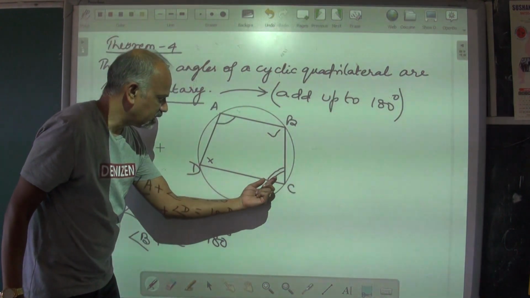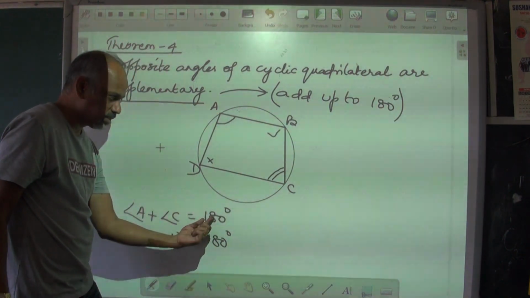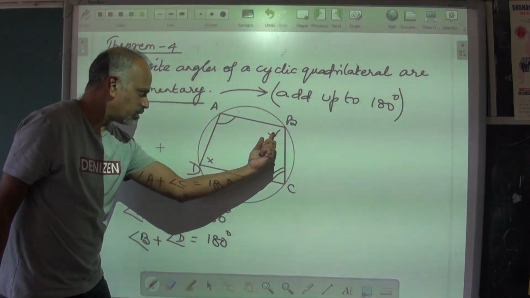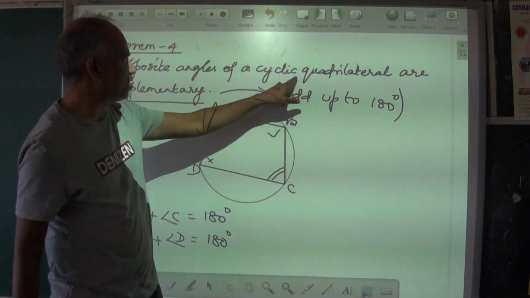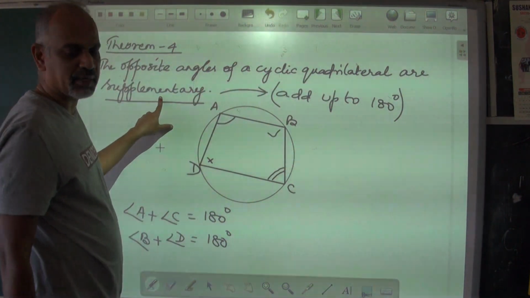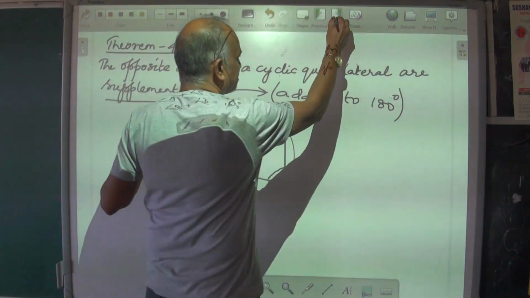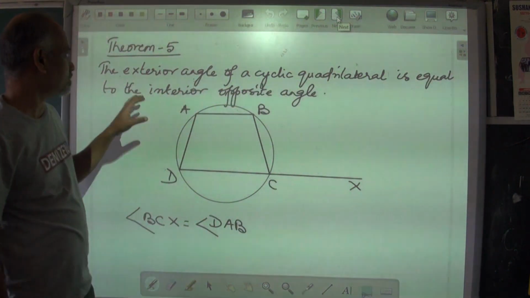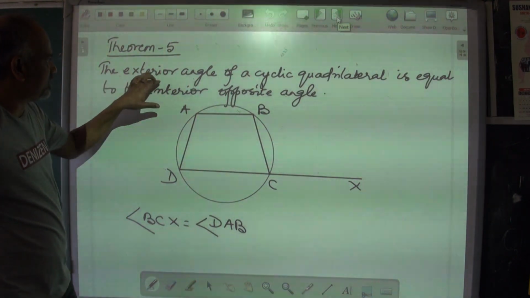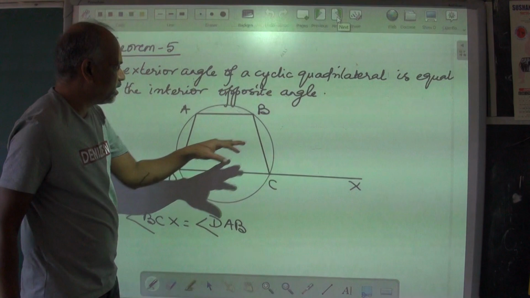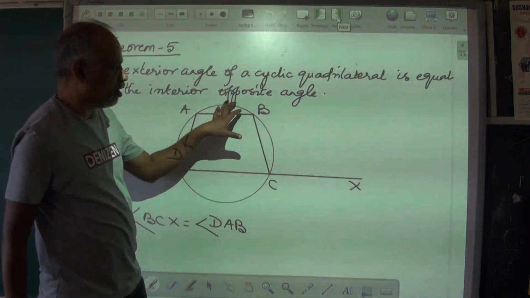A and C added together gives you 180. B and D also added together should give you 180 degrees. So opposite angles of a cyclic quadrilateral are supplementary is the fourth property. And the last property, theorem number 5, is the exterior angle of a cyclic quadrilateral is equal to the interior opposite angle.